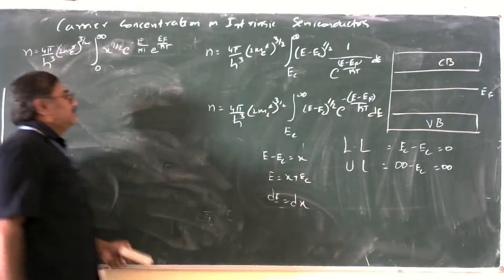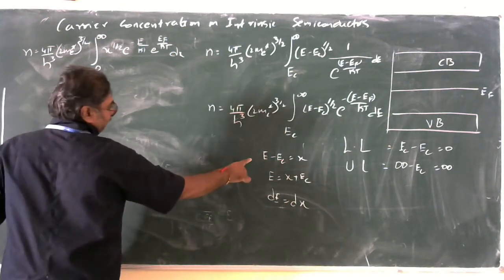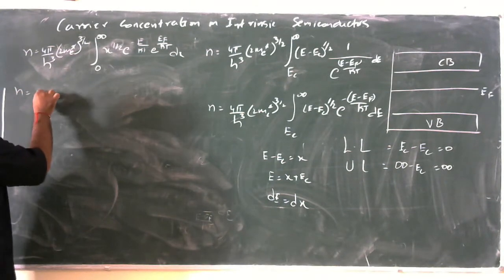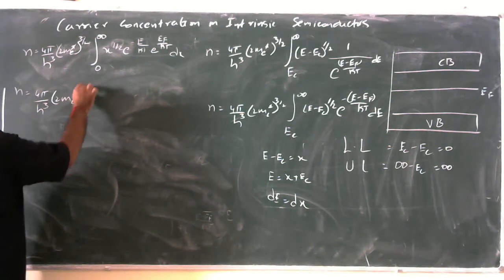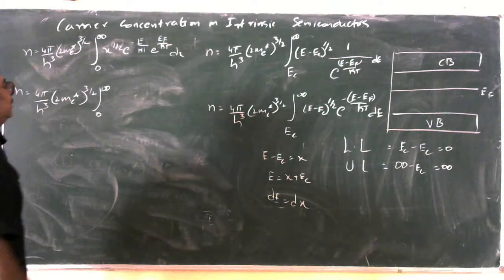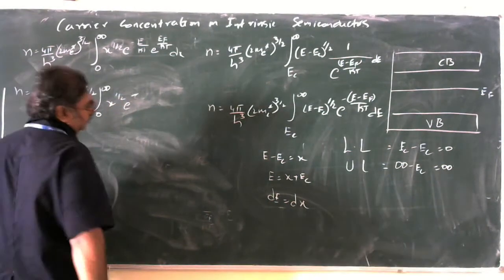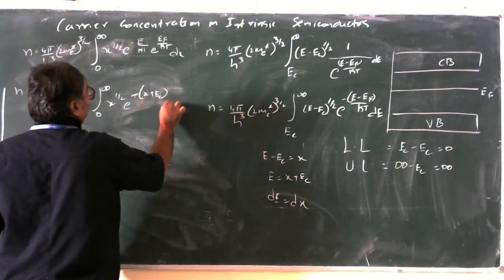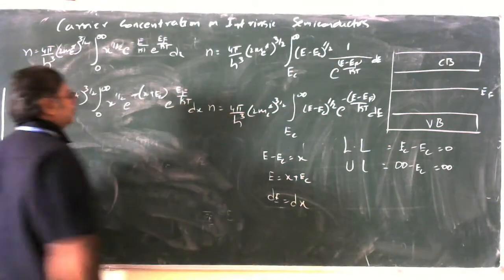Finally this becomes dx. In place of E, we substitute x plus Ec. So this becomes N equals 4π by h cube (2 me star) whole power 3/2 integral 0 to infinity x power 1/2 exponential of minus (x plus Ec) into exponential of EF by kT into dx.